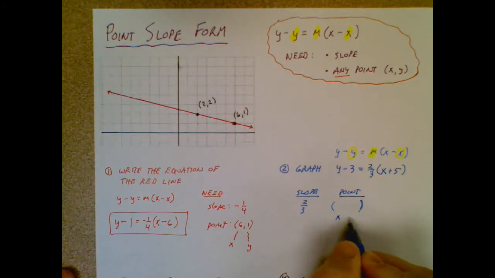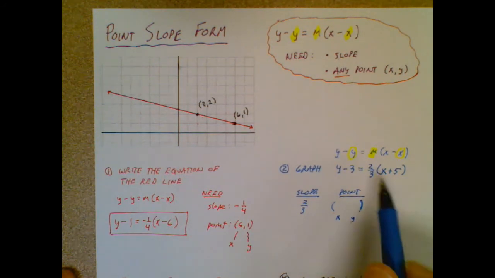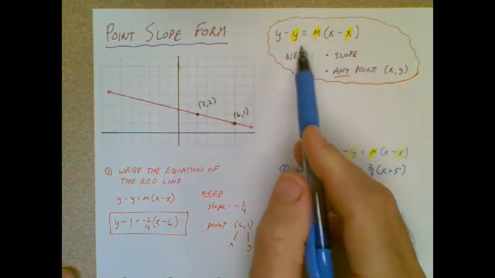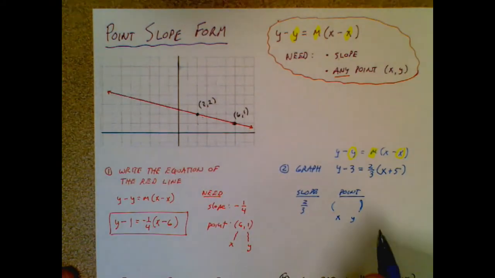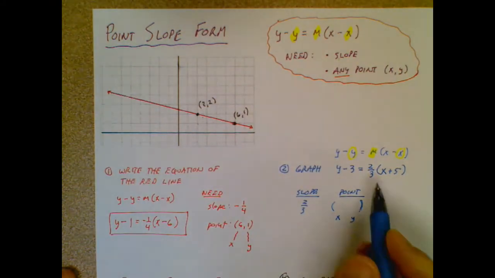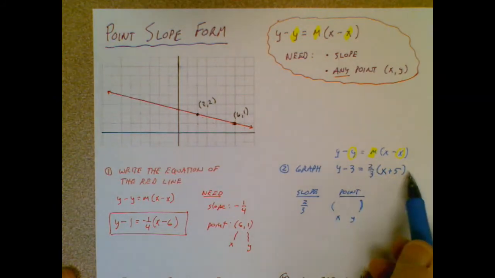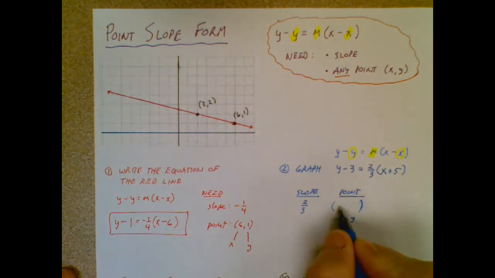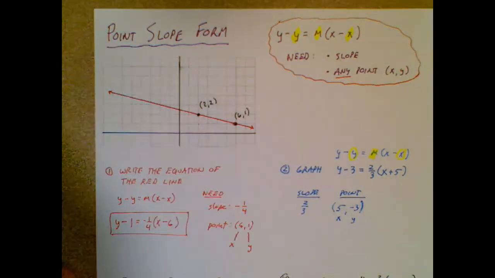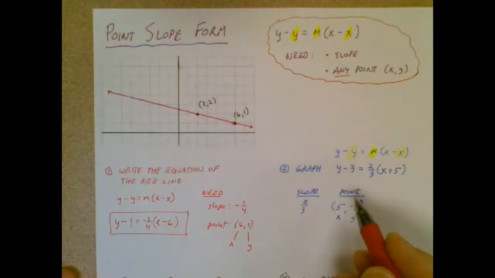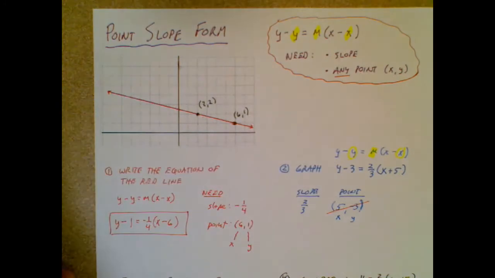Remember, a point goes x first and then y, but you have to be careful because in this equation, the y's are on the left and the x's are on the right, so you can make a silly mistake like I was almost making there. Anyway, going back to this equation, you might think that the x value is 5 and the y value is -3. You might think that those were the points that led to that equation, but I'm going to show you that that's actually wrong.